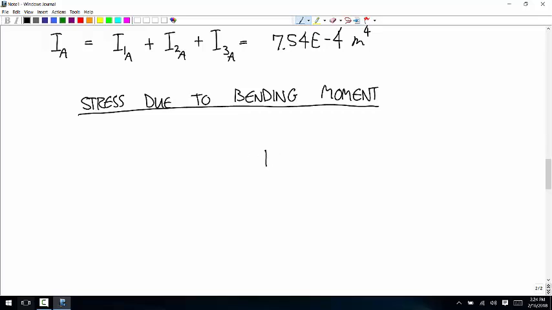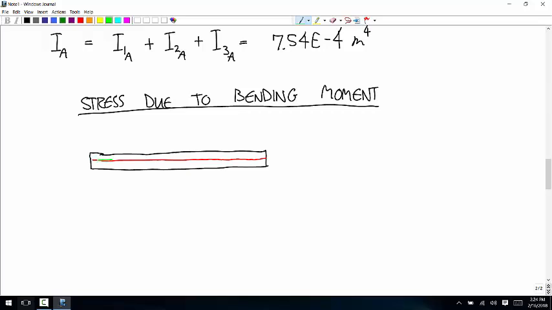But say this is a side view of the beam. And remember I said that the neutral axis is really a surface. It's a line if you're looking at the cross section, and it's also a line if you're looking in the X, Y plane.